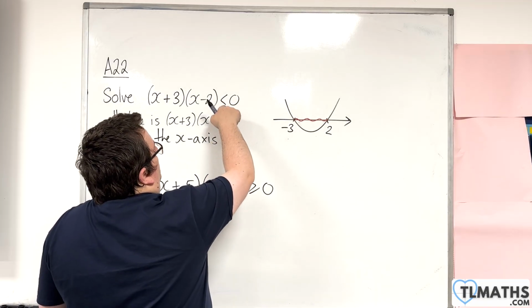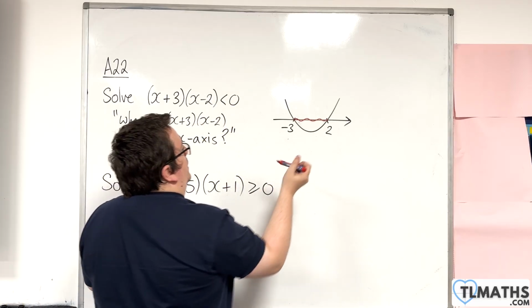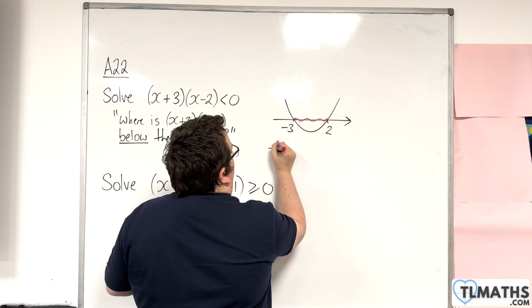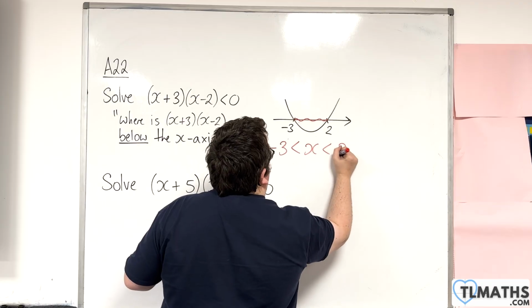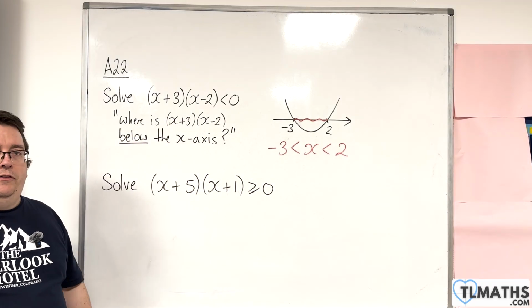Because this was strictly less than, that means that we must use strictly less than signs when we do our inequality as well. So -3 < x < 2. And this is the answer to that inequality.